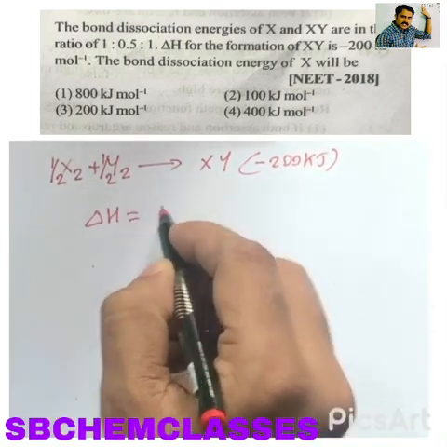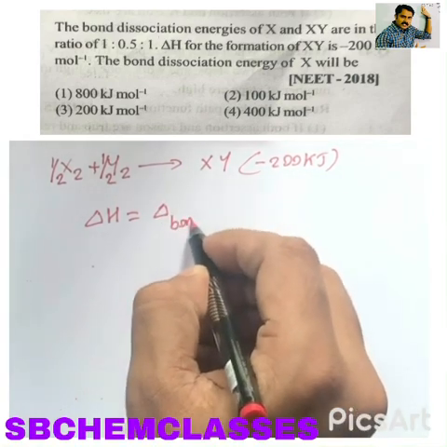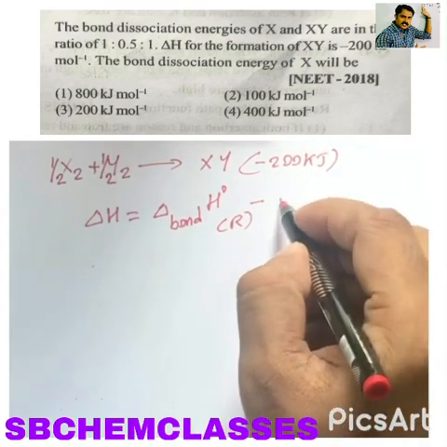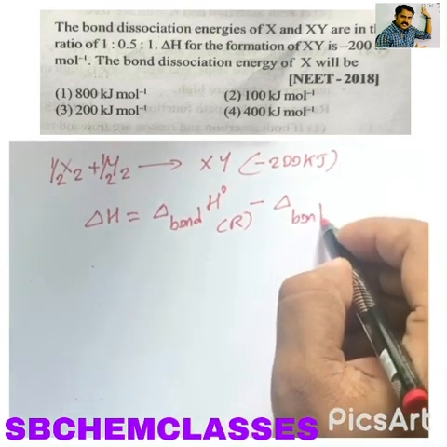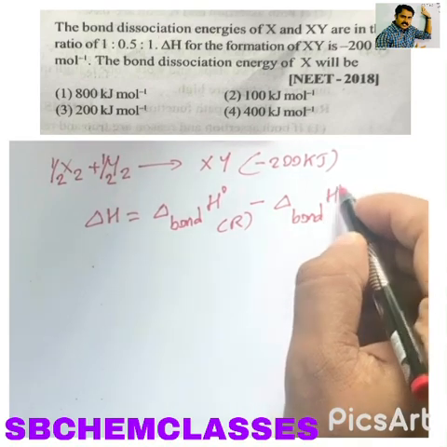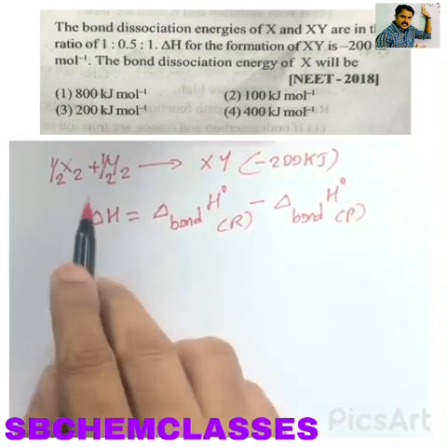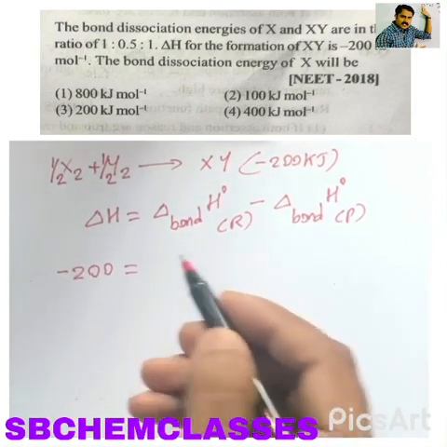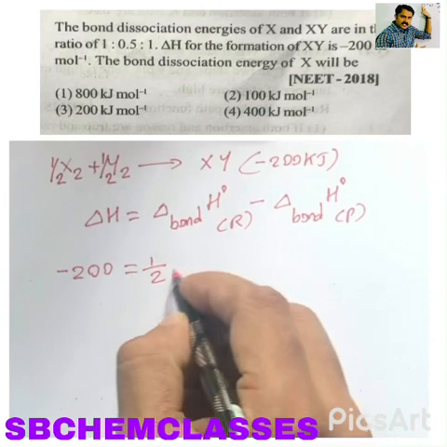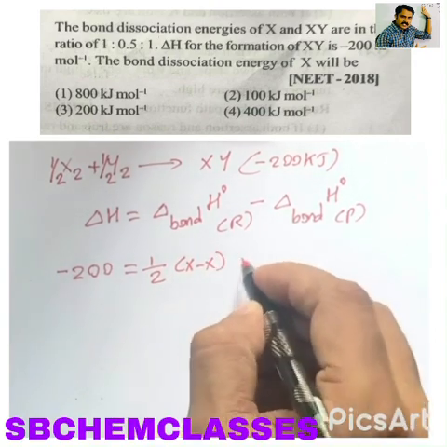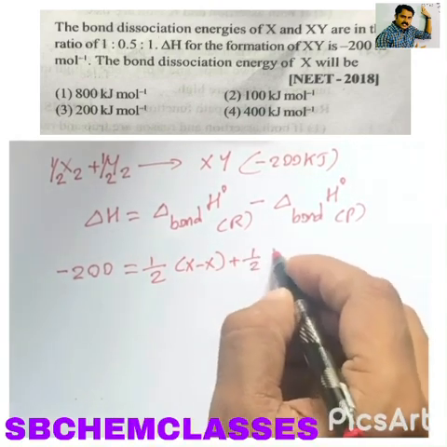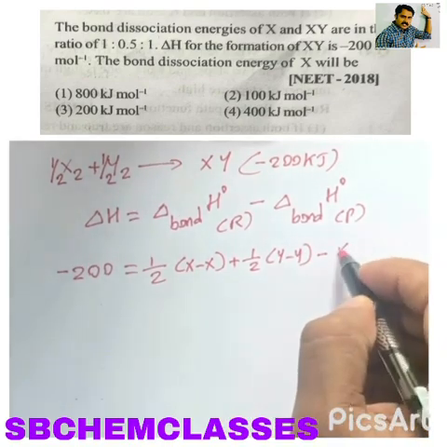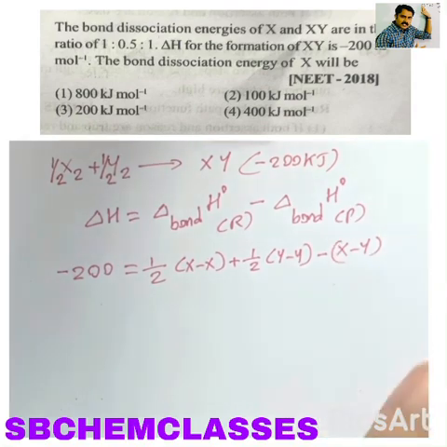Reaction enthalpy change equals bond enthalpy of reactants minus bond enthalpy of products. So this reaction enthalpy is minus 200. That is, minus 200 equals half into XX bond enthalpy plus half into YY bond enthalpy minus XY bond enthalpy.